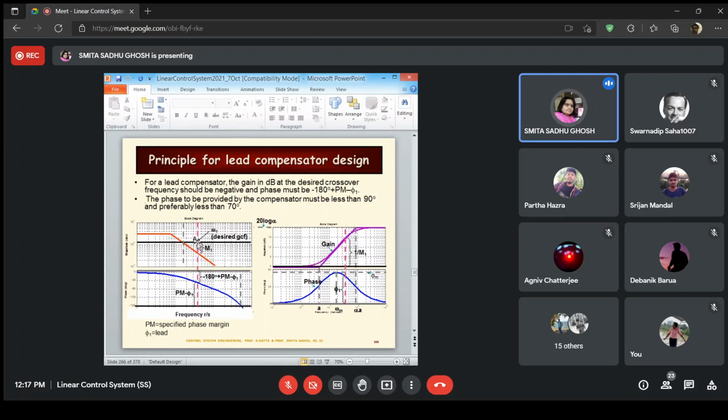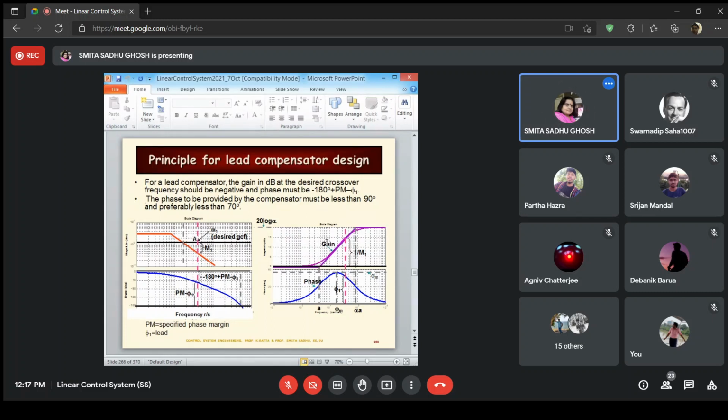Now, one thing I have to keep in mind is that this is my desired gain crossover frequency, and I am going to put a lead compensator on the right hand side, right? So first of all, how will I make my desired gain crossover frequency be over here? Naturally, if this is my lead compensator magnitude plot, we had already seen earlier that the lead compensator magnitude value is either 0 dB or a positive dB, right?